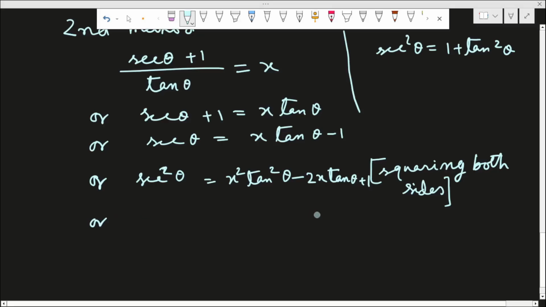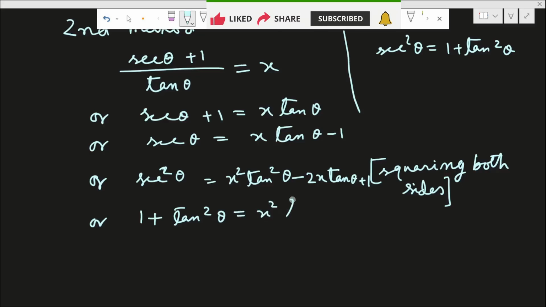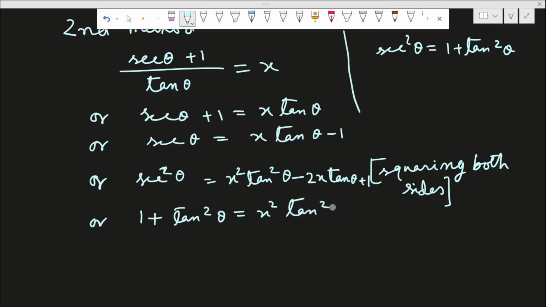Now reduce this, the quadratic of tan square theta. Before that, write this as 1 plus tan square theta, that is equal to x square tan square theta minus 2x tan theta plus 1.